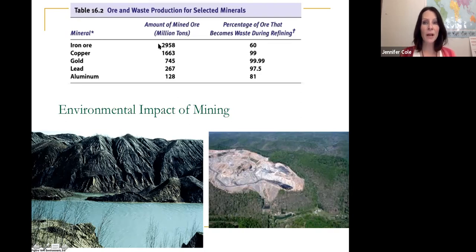This is millions of tons. And this is the percent of ore that actually becomes waste once you go through the processes that we started to talk about and that we'll continue to. So you see in the case of gold, look at this, 99.99% of the rock that you've mined is now piled up on the landscape in some way. And these numbers don't drop off detectably in the other types of materials. So lots and lots of pilings.